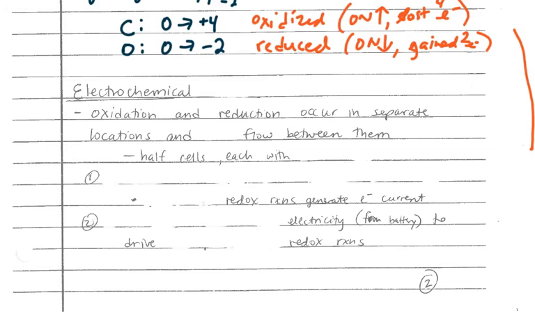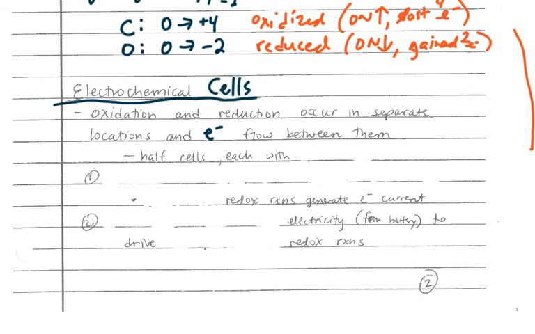And we call the structures that we can build to run these redox reactions electrochemical cells. All right, we take basically two containers and we separate them. We have an oxidation reaction happening in one and a reduction reaction happening in the other, but we connect the two with a wire so that allows the electrons to flow between the two cells.